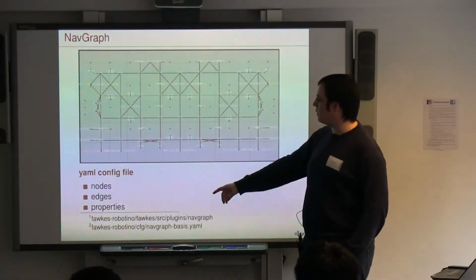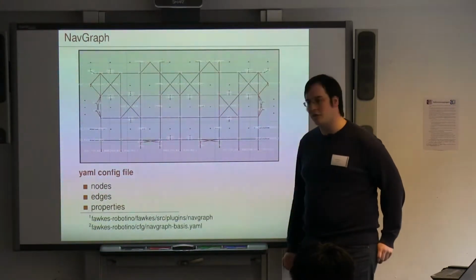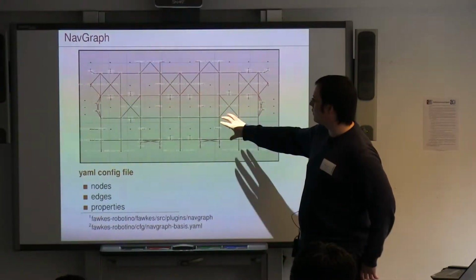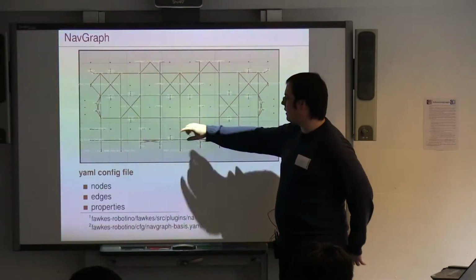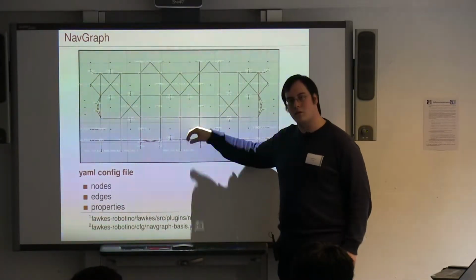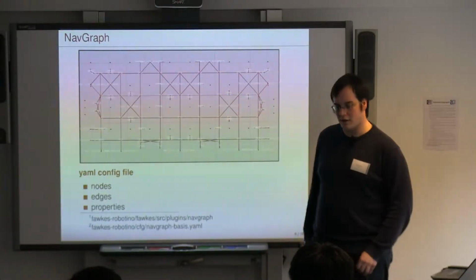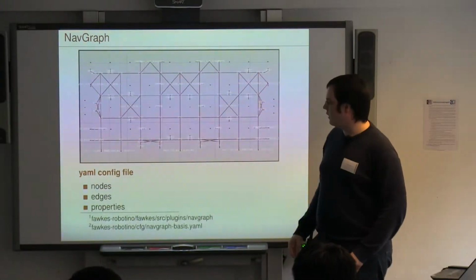That furthermore got extended by thresholds. So, for example, when you later drive on your graph, you have thresholds for how far your robot needs to come to one node so that it goes to the next node. I will describe that in the next few slides in more detail.